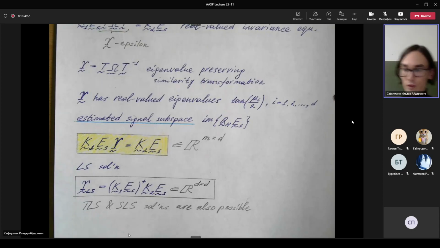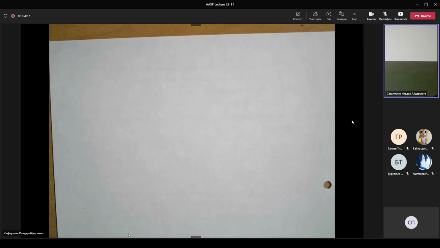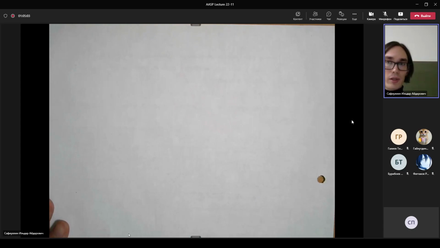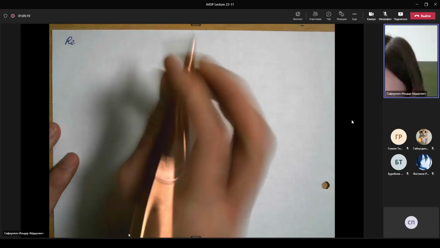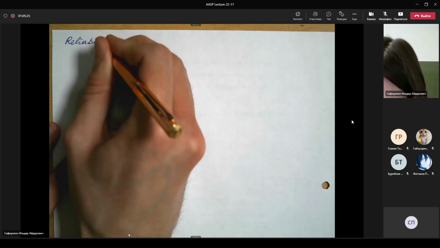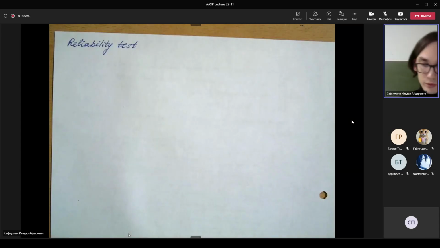And for this one, we introduce this reliability test. So we need to check whether our eigenvalues are real. So let's write reliability test, with 2 underlines here.